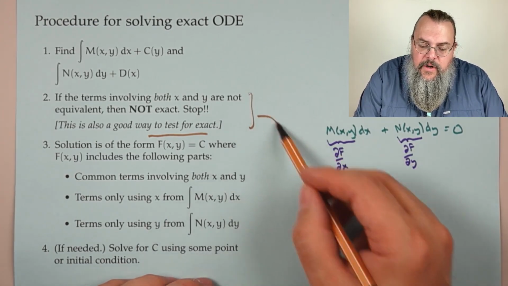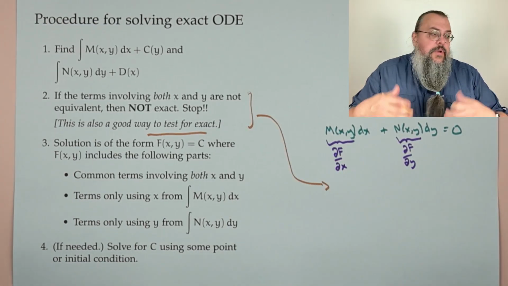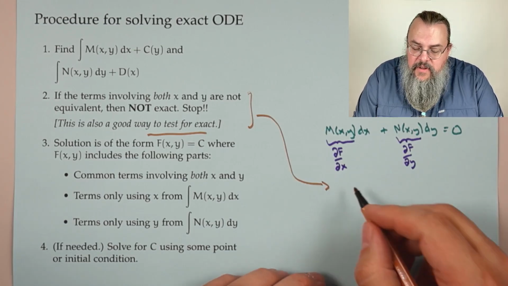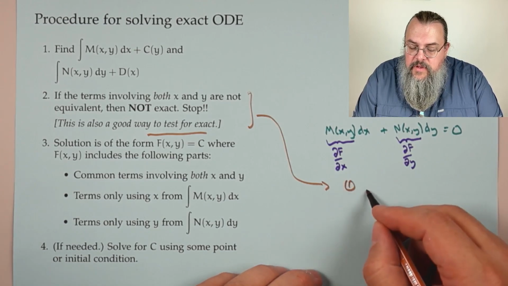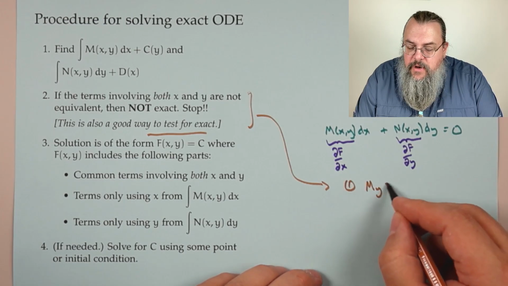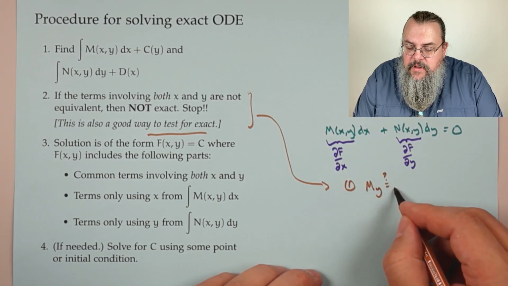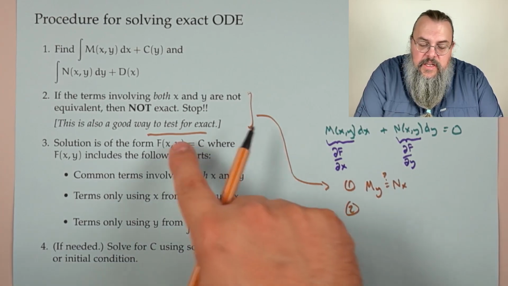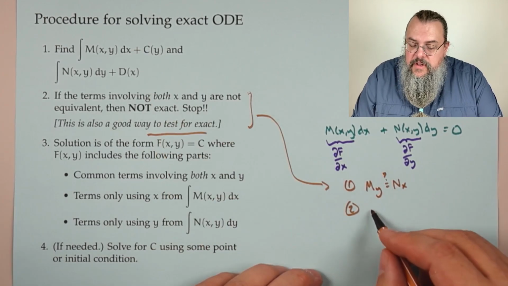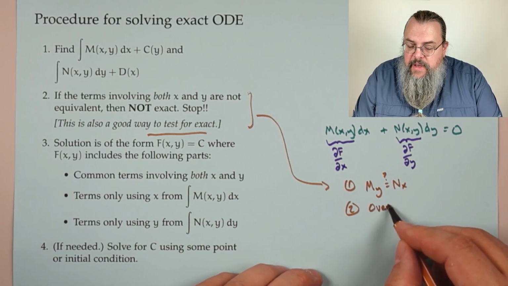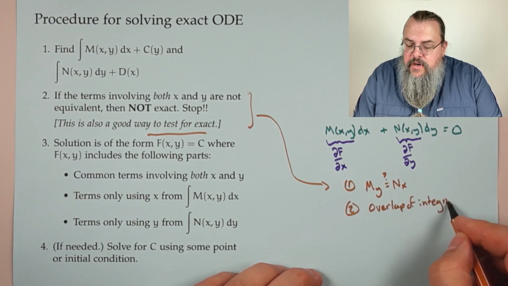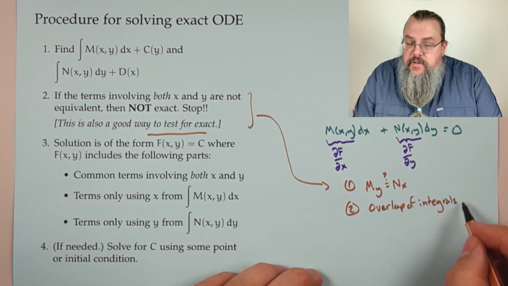We said previously that one test is to look at the partial derivatives: you look at M sub y and ask, does this equal N sub x? The second test is to look at the overlap of these integrals. Do the overlaps of the integrals match? Those are our two tests.